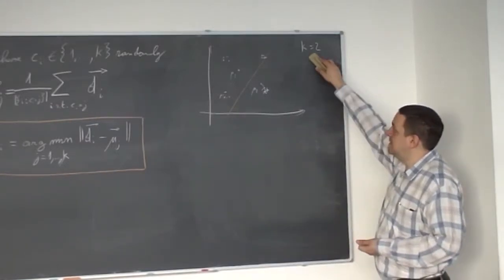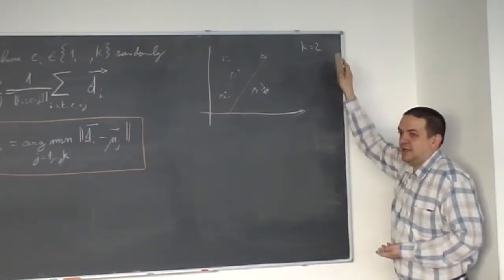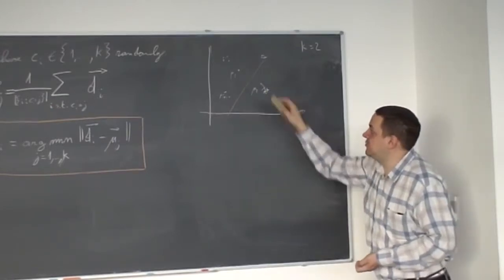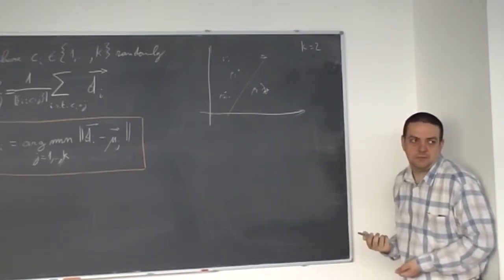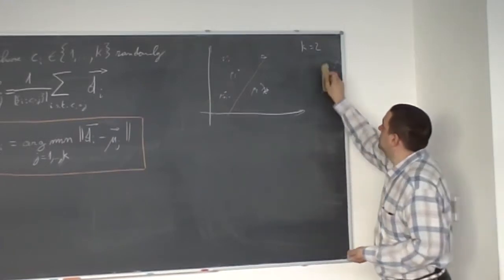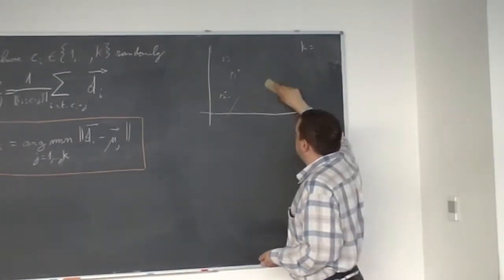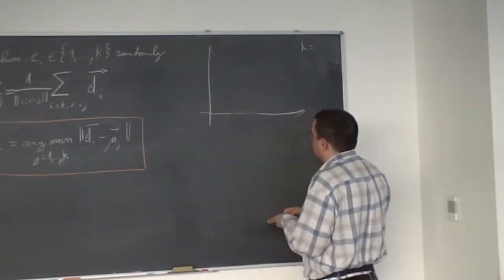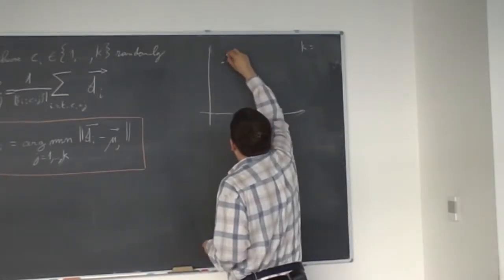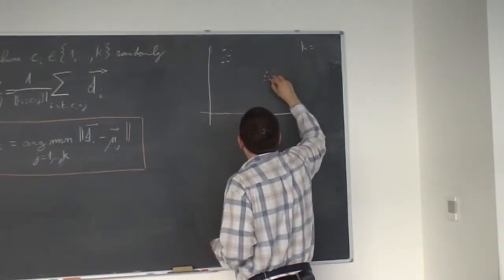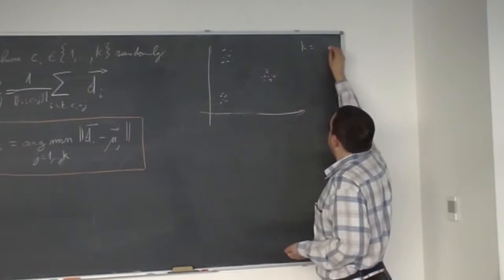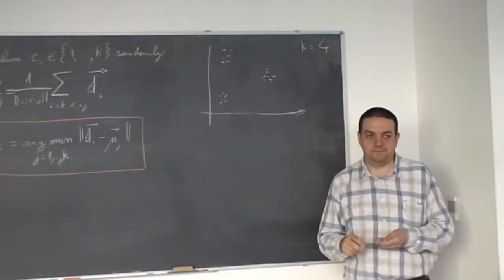Of course, this happens if k, the number of representatives that we choose, is low. What happens if we choose too many clusters? So, for example, we are in the usual situation with 3 clusters and we choose k equal to 4.